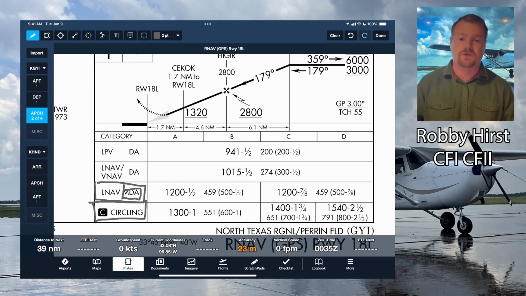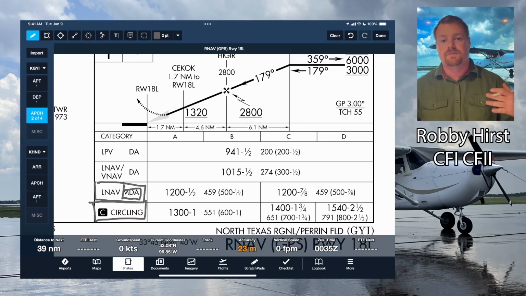So maybe you're shooting the RNAV 1A to circle to 3.6 right, which again, 3.6 right has an RNAV. I highly encourage just shoot the RNAV for that one, even if it takes a little bit more to be able to fly south to do the approach. It's just safer to fly straight in. So I would recommend not doing the circling for the other runway if it has an RNAV, but it is there if you want to use it.